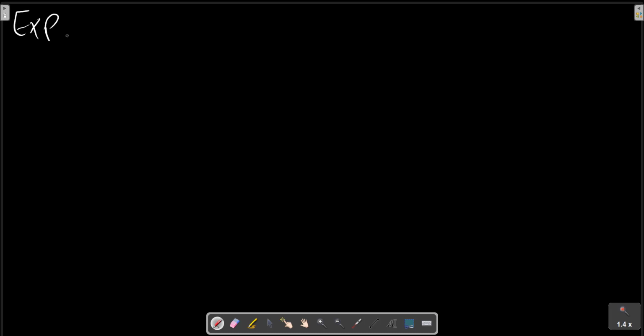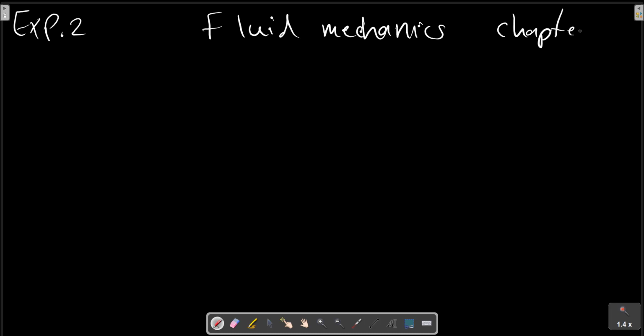Example 2, Fluid Mechanics, Chapter 5. Consider the equation for force as a relation to viscosity.